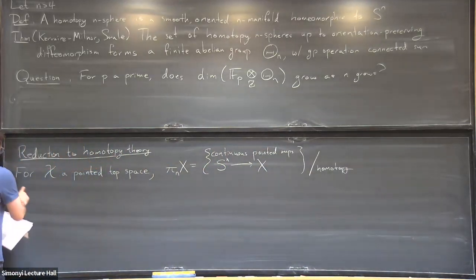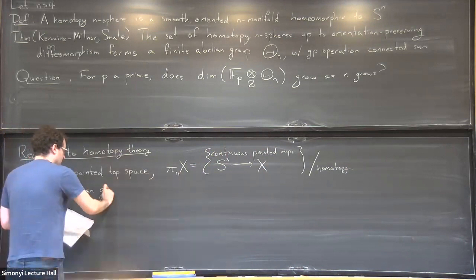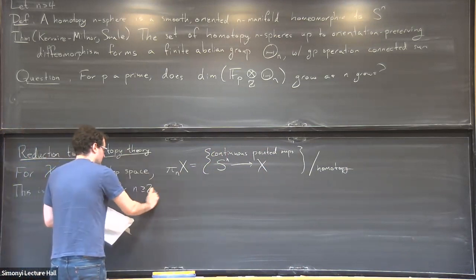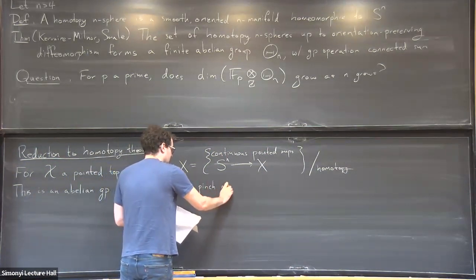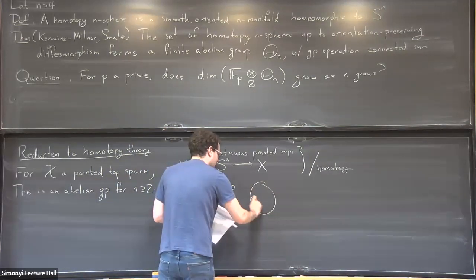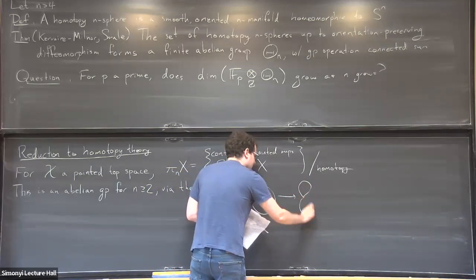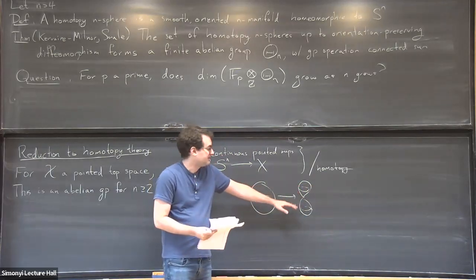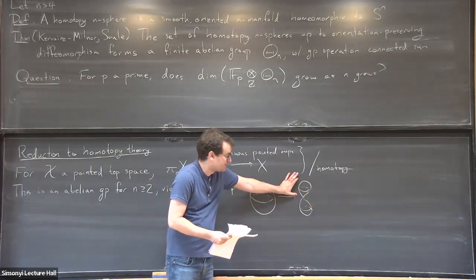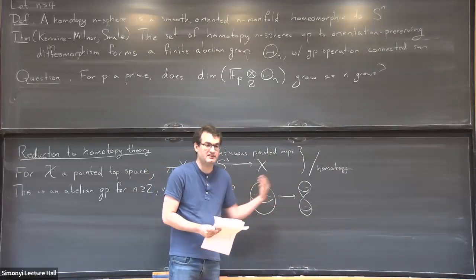And this is an abelian group as long as n is larger than 2. The group structure is given by the so-called pinch map, a map from, say, a two-dimensional sphere where I just pinch the equator to a single point, so I get these two bubbles. Now, if I have two maps from two different spheres into X, I could use one of them to define a map on the top, one of them to define a map on the bottom, and then composition through this pinch map gives me a group structure.